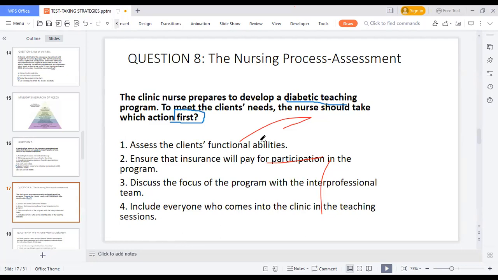You have to work as a team. Should I just go draw a plan for you and come? This is your plan, this is what we're going to do? No. You have to assess something first. You have to involve the clients, if possible. Family members, especially in home care clients. It's a clue for you to be able to pick out the right answer in this question.